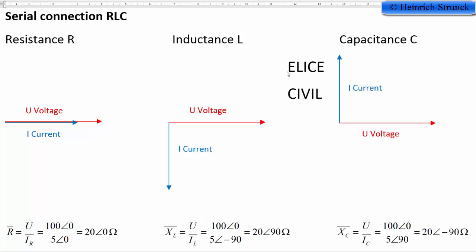And also up here we look at ELI or ICE, because if we have an inductor, first we have the voltage, because E is the electromotive force or the voltage, and then we have the current. And for the capacitor, first we have the current and then the voltage.